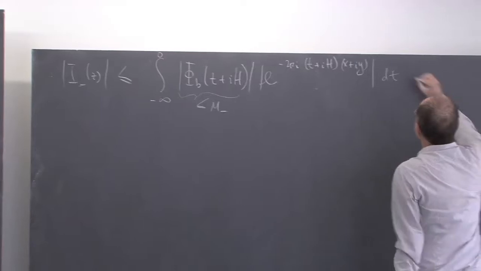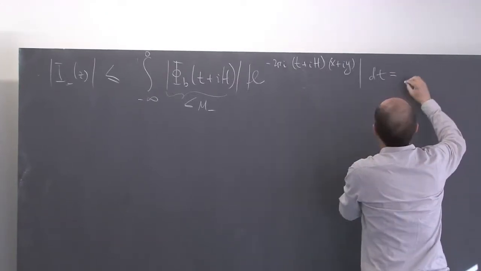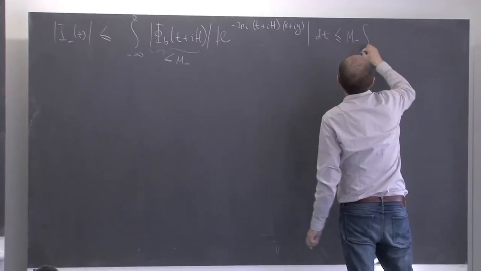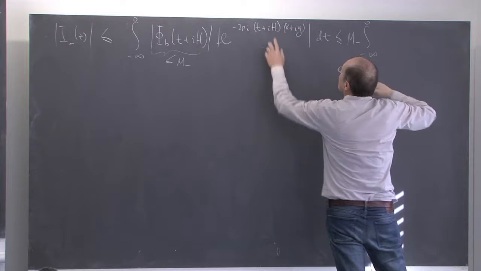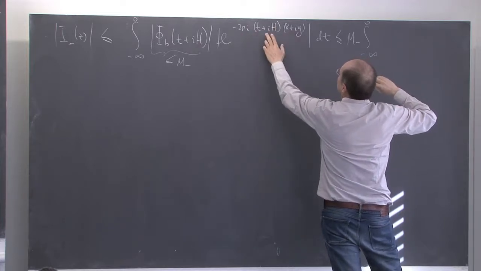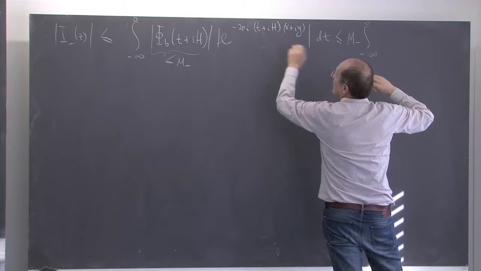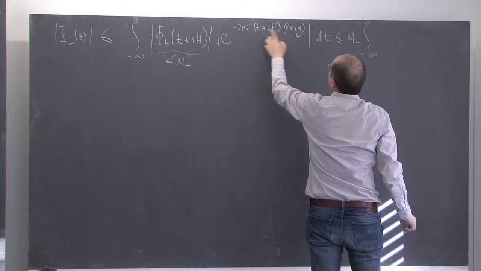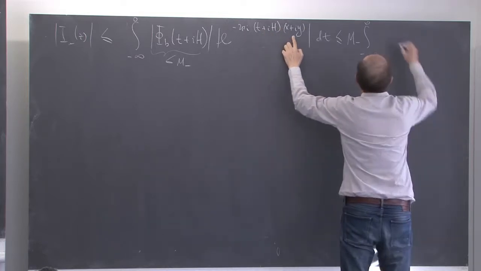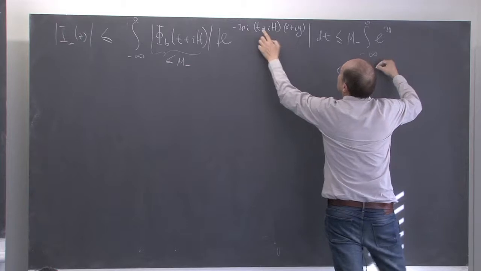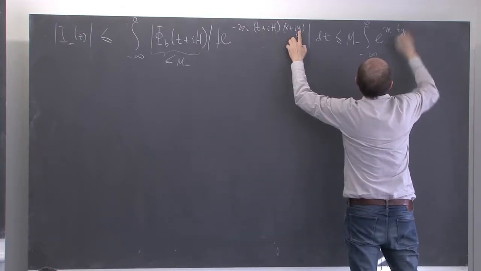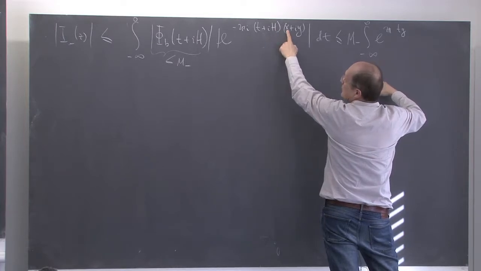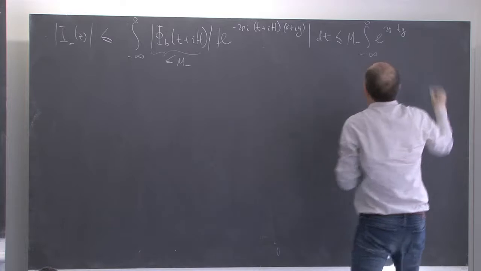So we have to calculate this. So it is less than or equal to m minus times the integral from minus infinity to 0. So we have to take the real part of that. So we have to take the imaginary part of this, right? e to the 2 pi t times y plus h times x.